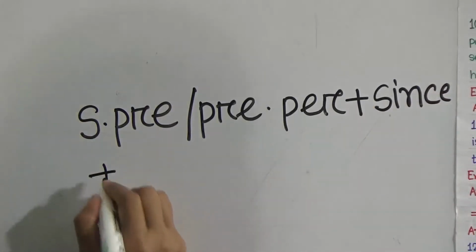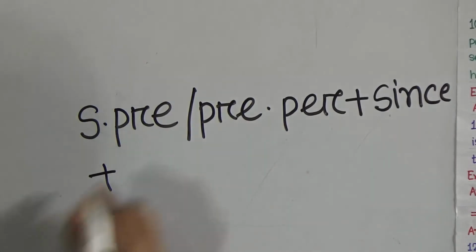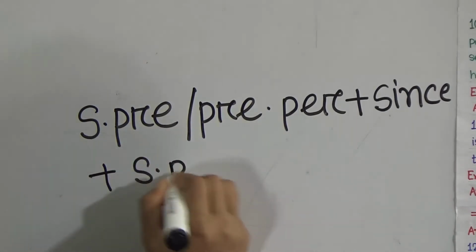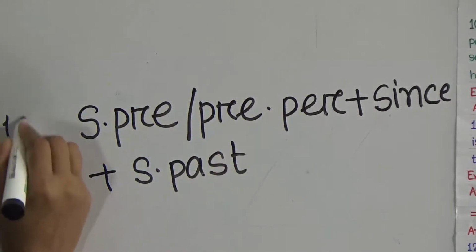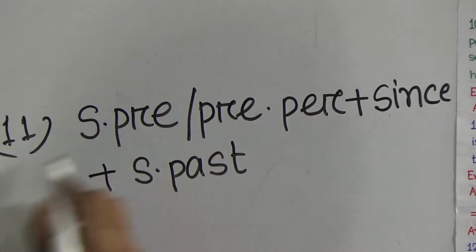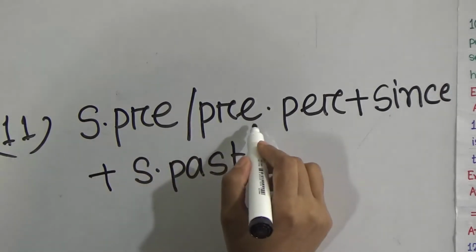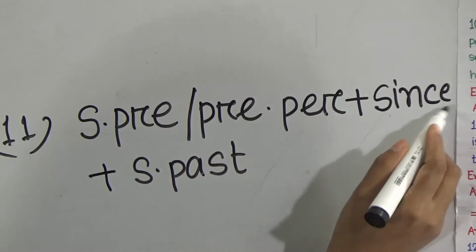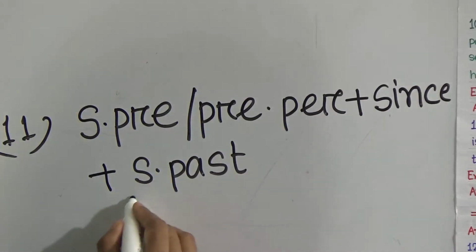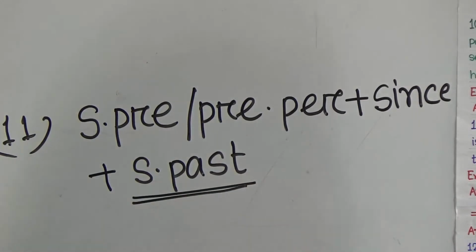Since plus we have to use simple past. The rule number 11 was, if we find simple present or present perfect tense and the sentence belongs with since, we have to use simple past at second part.